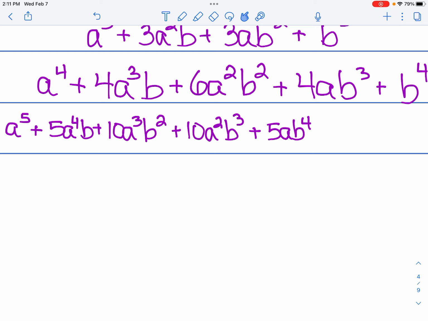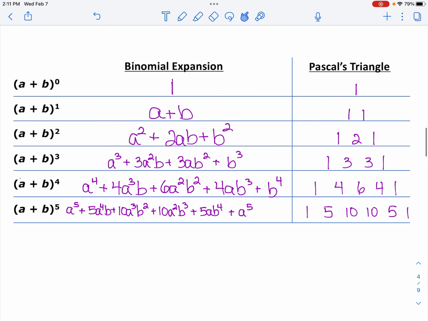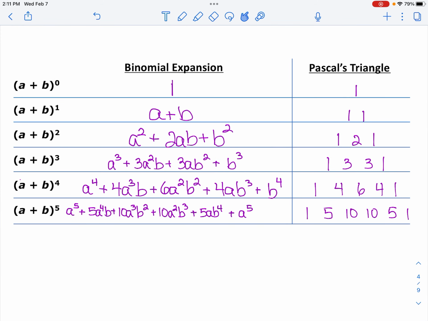Looks like I'm going to be able to fit it in here. Okay, so we get this, and this is called binomial expansion. Now you'll see a plus b to the fifth power, I get a massively large polynomial there.